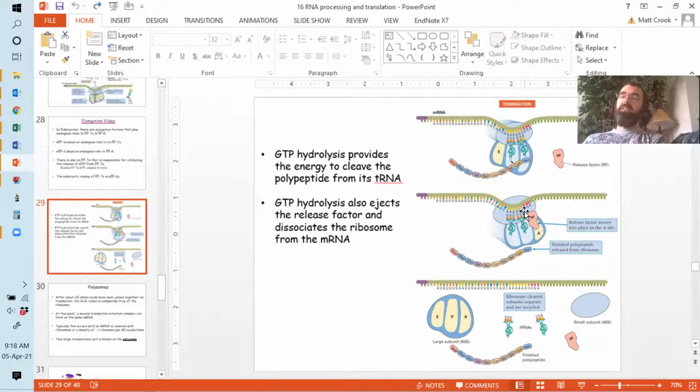As soon as that's there, the release factor comes in. Hydrolysis of the bond between the last tRNA and the last amino acid. And then the dissociation of everything else, the large subunit and small subunit, and the tRNAs that were present also leave to go on and be recharged by the aminoacyl synthetases. Right, and that's pretty much it, to be honest. So that's the core of translation.